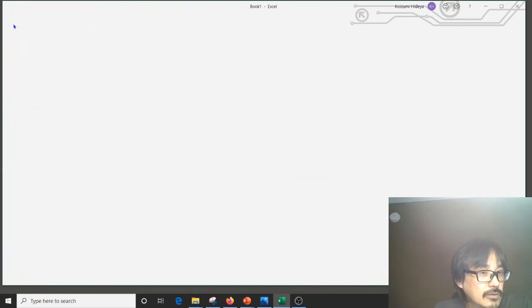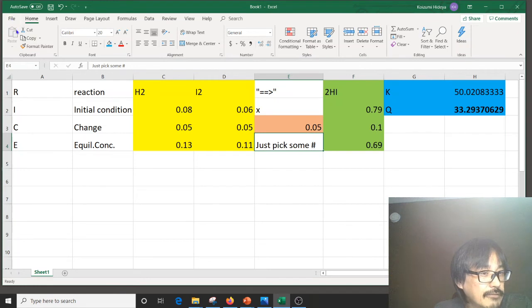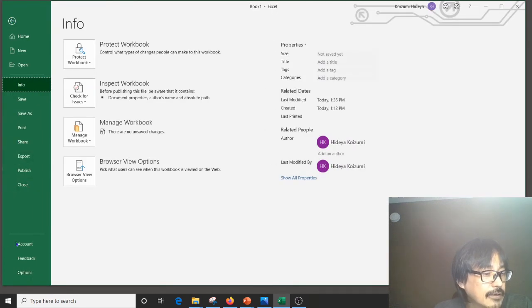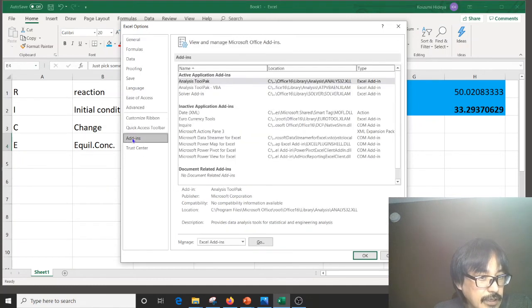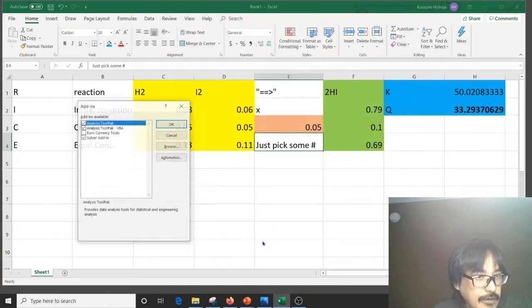So go to the File tab, the left top corner, File, go to Options. You do this only once, and once you do this, then you don't have to do it anymore. Excel Add-ins, choose Add-ins right here, and then just click Go right here, and then take a look at this Solver add-in.